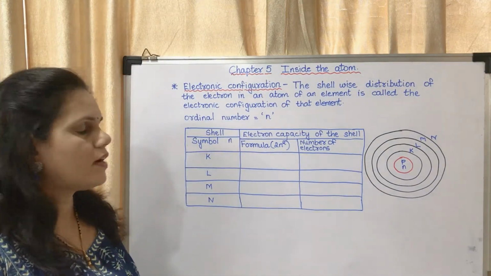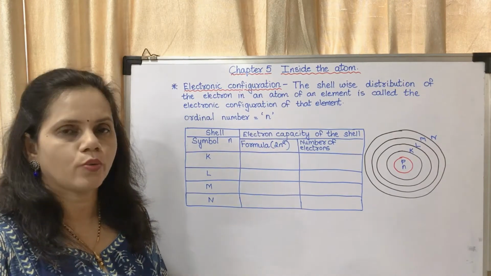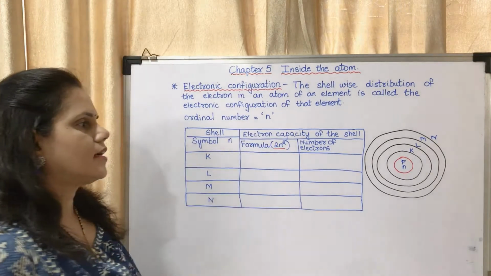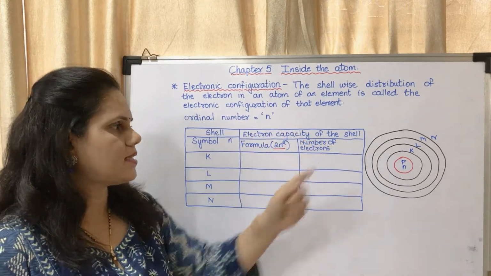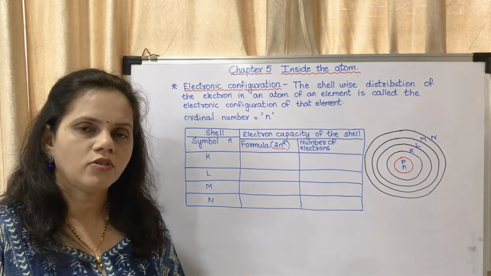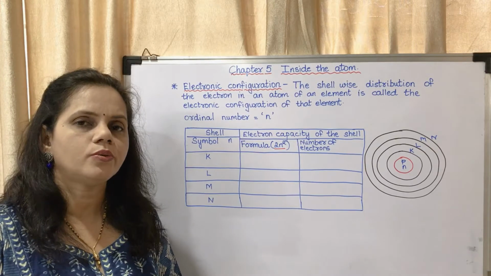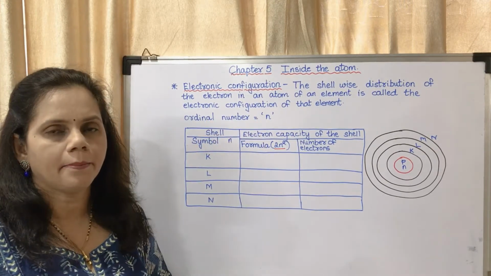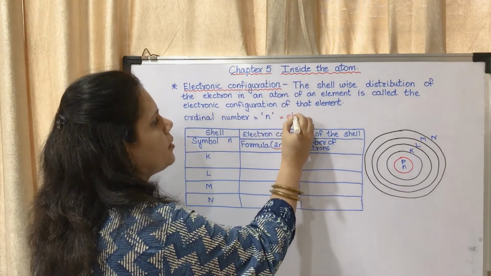To find that, there is a general formula which is 2n square. The general formula to find out the electron capacity of a shell is 2n square, where n is the ordinal number, which is equal to the shell number.